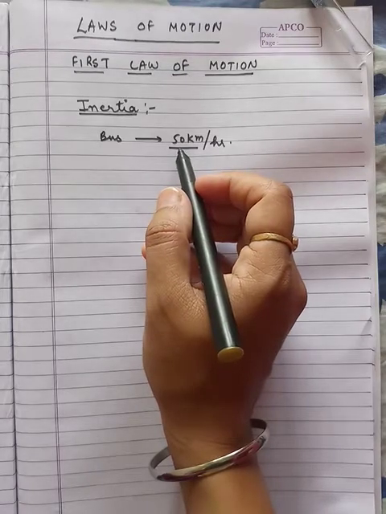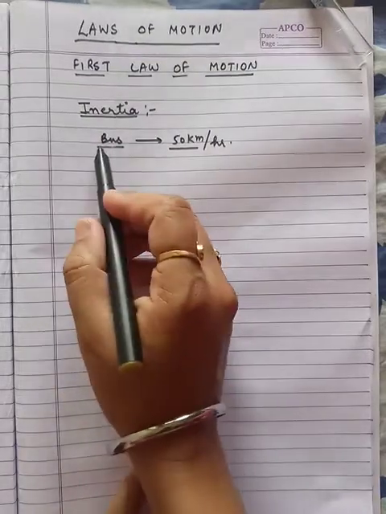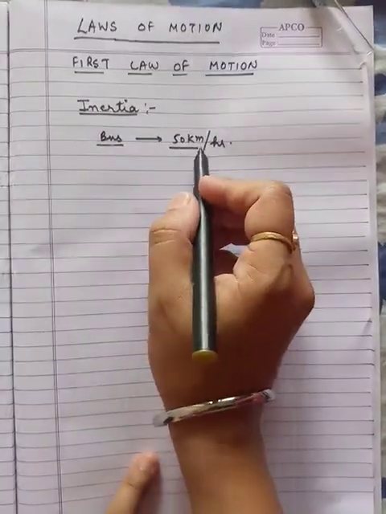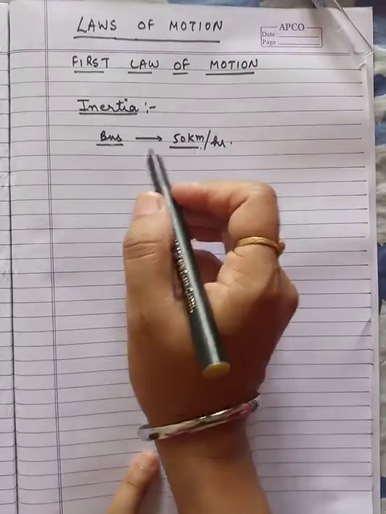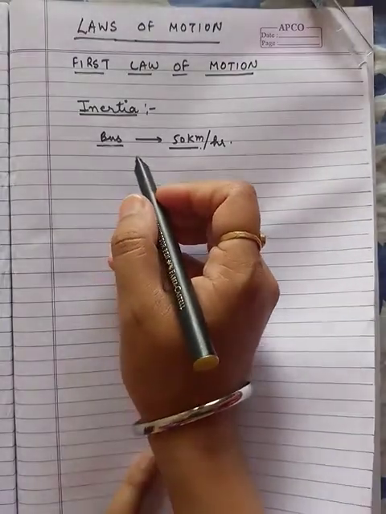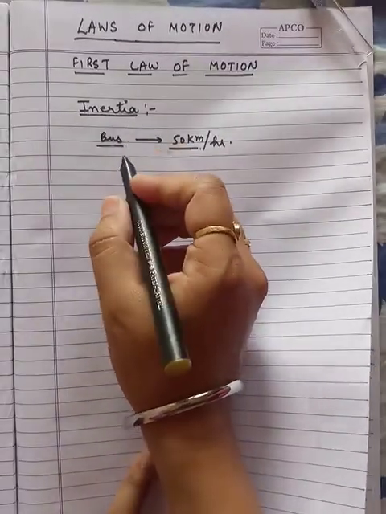So when the bus driver applies the brake, the bus is going to decrease its velocity, but the passengers are not applying any force. So according to the inertia property, what happens?